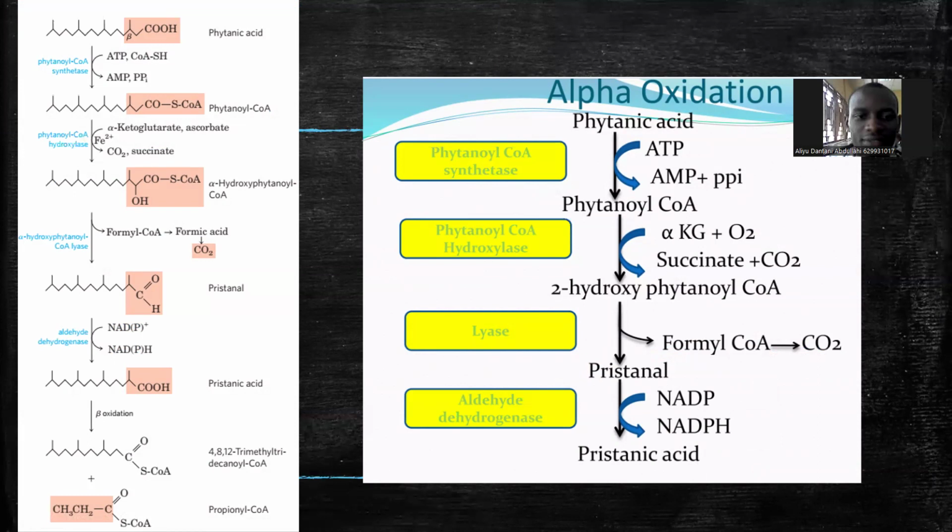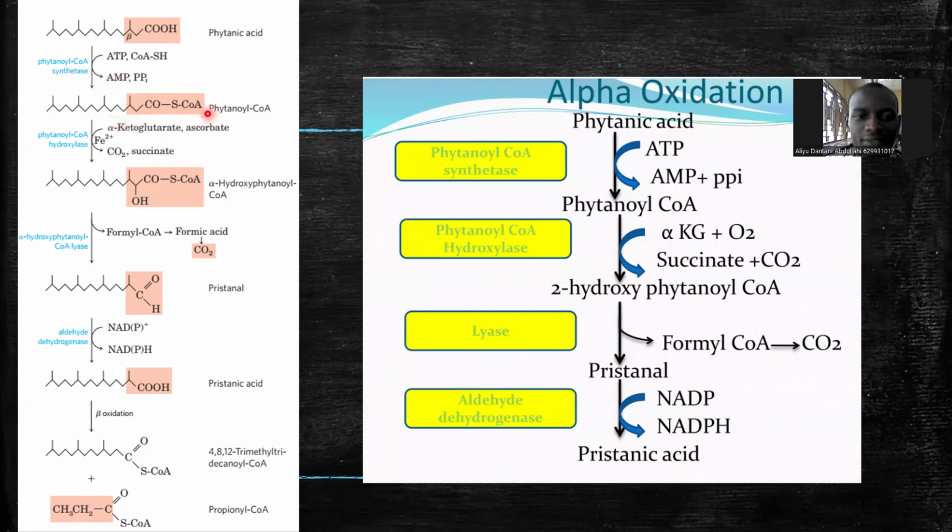So what really happens here? First, your phytanic acid, which has a methyl group at the beta carbon here, is converted or modified to phytanoyl-CoA in the presence of this enzyme, like we mentioned earlier, right?